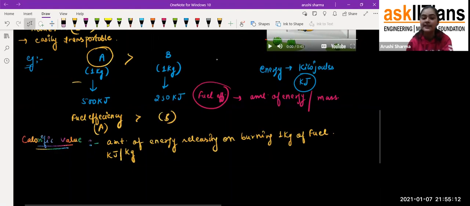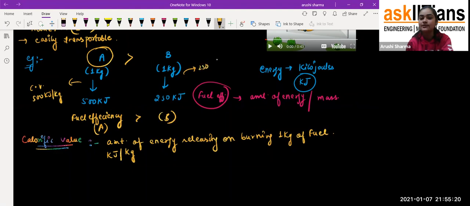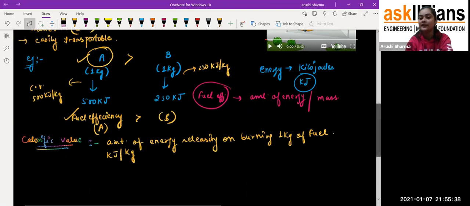So the calorific value of A is 500 kilojoule per kg, and for B it is 250 kilojoule per kg. Which has more calorific value? It's A, and that is why its fuel efficiency is more. That means it will burn more efficiently as compared to B, and we get more heat or energy from A.